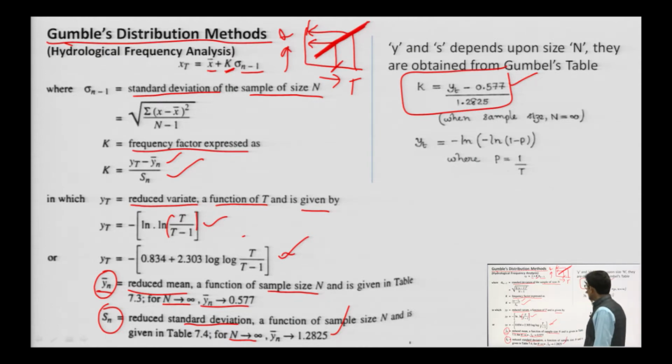yt is the reduced variate, and it is given by this expression.